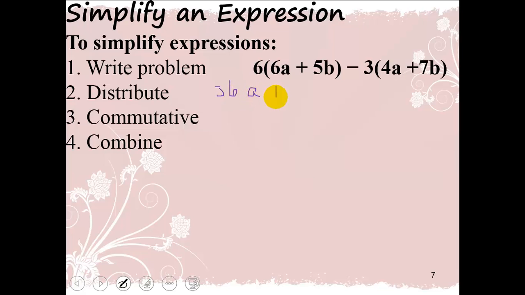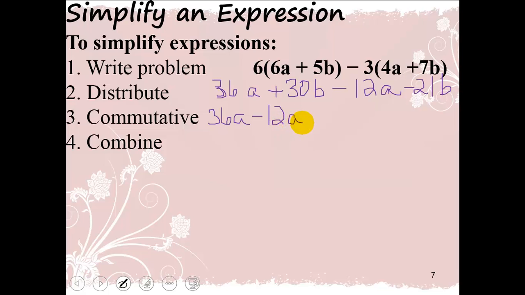So I'm going to get 36a plus 30b minus 12a minus 21b. That's a 3. Okay. Now I'm going to move the a's closer together and the b's closer together. This is the commutative property. I can change the order. So I have 36a minus 12a.